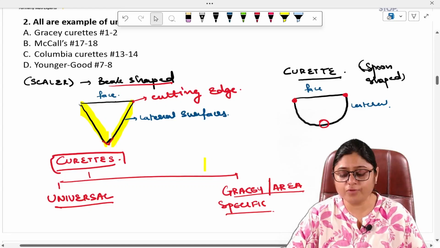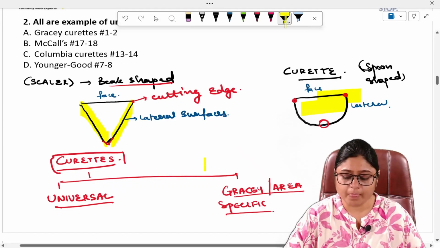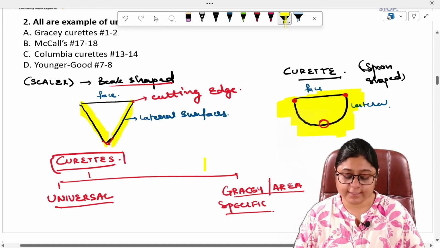See, in cross section, when you look at a curette, this will be the shape of the curette, and this will be the shape of the scaler.